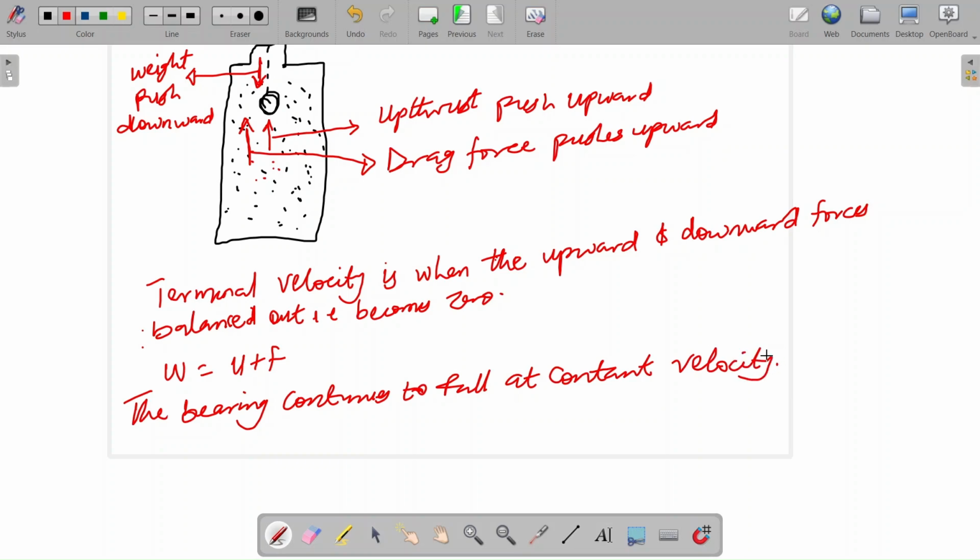So no change, it just continues to fall at constant velocity. So that is that about this particular question.